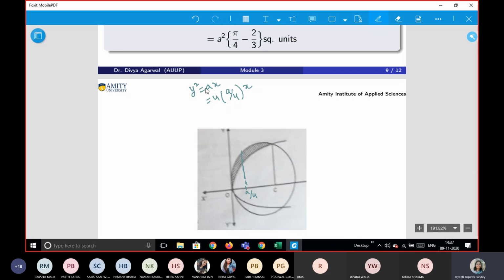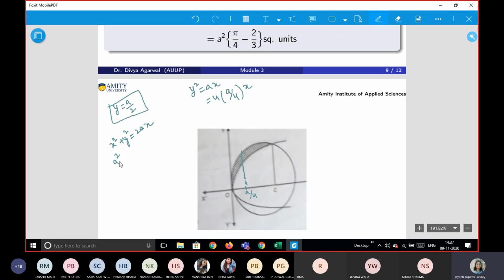I have two curves. One is y square is equal to ax. So when I put x is equal to a by 4, I will get y is equal to a by 2. Okay. Now when I put it in the circle, the value of x will not change.